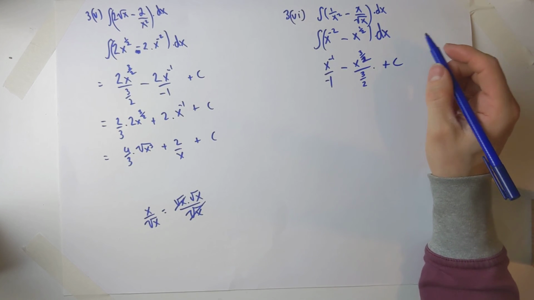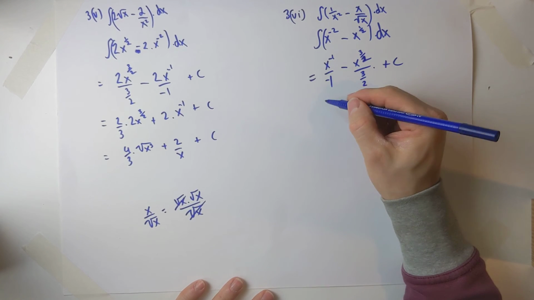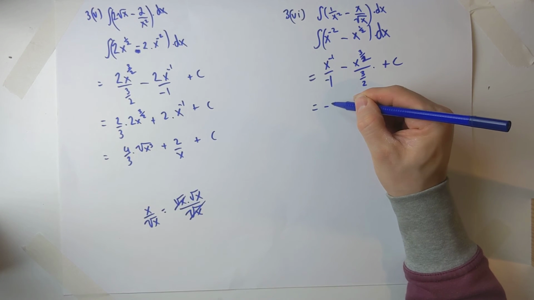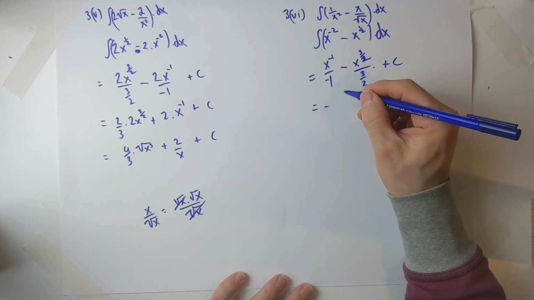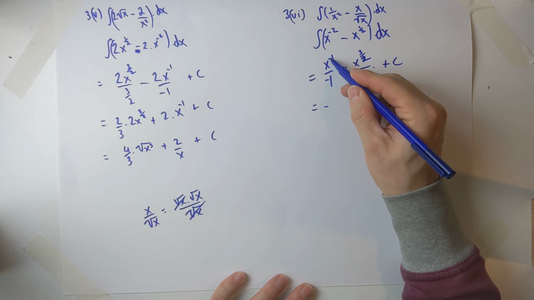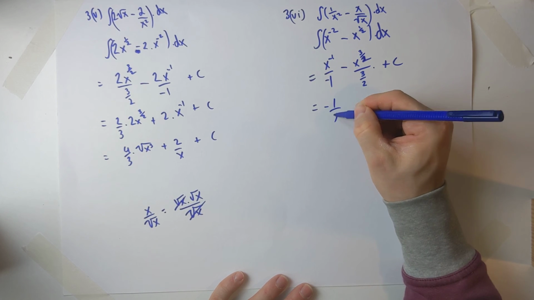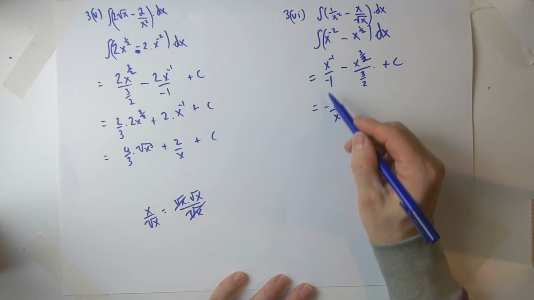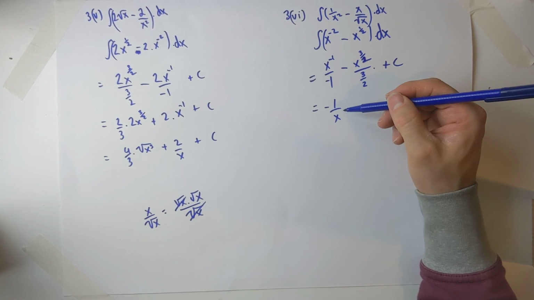Plus c. So this is equal to minus, x to the power of minus 1 is the same as 1 over x. So that's what we get, 1 over x.